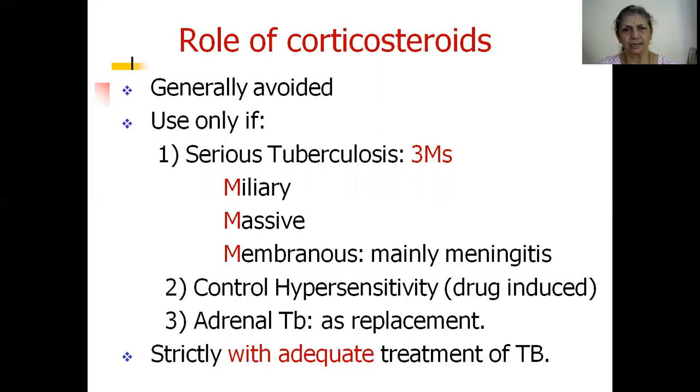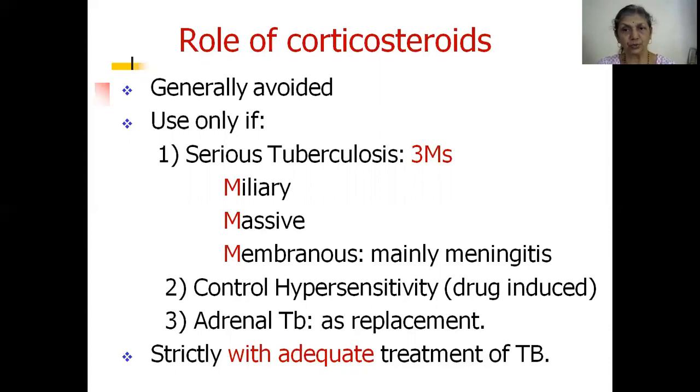But in case of serious tuberculosis, and you can remember the 3 M's, miliary tuberculosis, massive tuberculosis, or meningitis, importantly TB meningitis, we do use steroids for their anti-inflammatory action. Similarly, if a patient manifests with severe hypersensitivity reaction to any of these drugs which need to be used for tuberculosis control, to control this hypersensitivity, again we have to use corticosteroids.